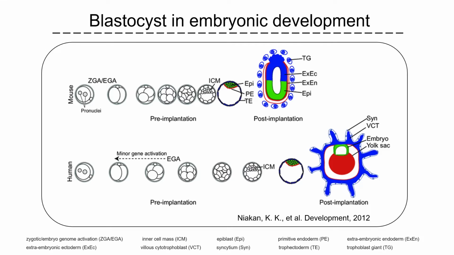Instead of forming a cup-like egg cylinder as in the mouse embryo, epiblast cells in the human or primate embryos flatten to form a bilaminar disc at E10. That's the big difference between mouse and human post-implantation development, at least in the morphology. The structural difference between mice and humans inspired us to employ different induction strategies to generate blastoids.